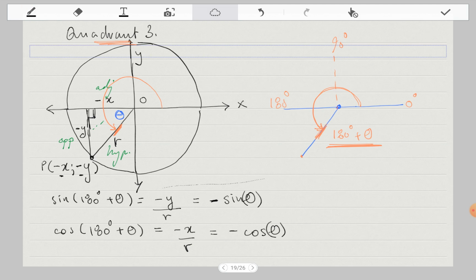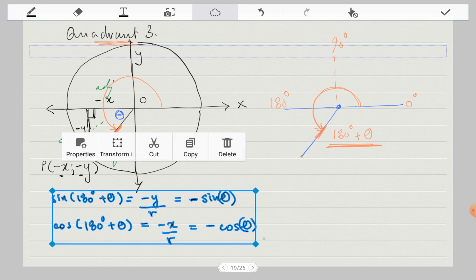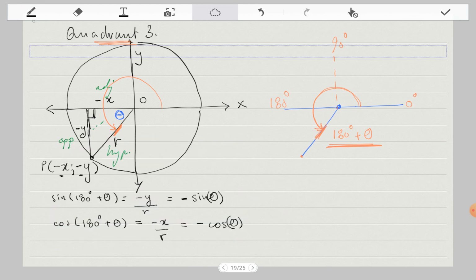And if we have a look at the tangent ratio, you can see that right here. So tangent of 180 degrees plus theta would now give us opposite, which is minus y, over the adjacent side, which is minus x, which would just cancel off. Remember, the negatives would cancel here and just give us y over x, which is the same thing as positive tan theta.